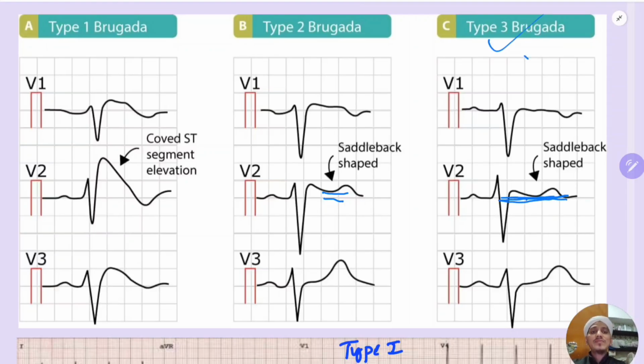So the difference between type 3 and type 2 is not much. They are both saddleback only, the difference is only in the amplitude. Again you are seeing it mainly in V1 and V2. So just to remember, either coved or saddleback.